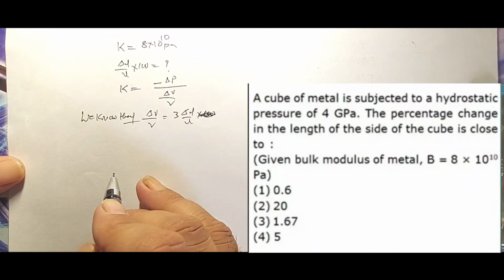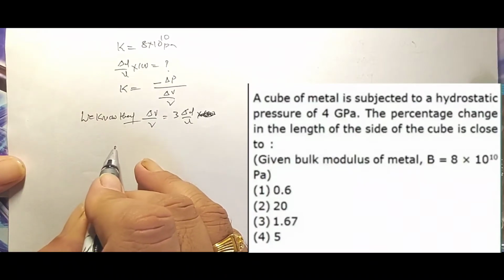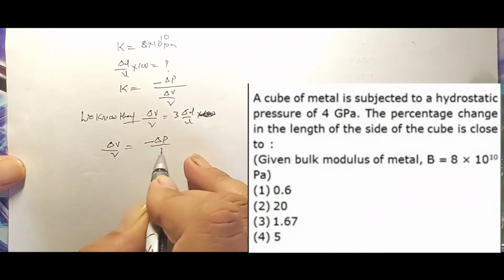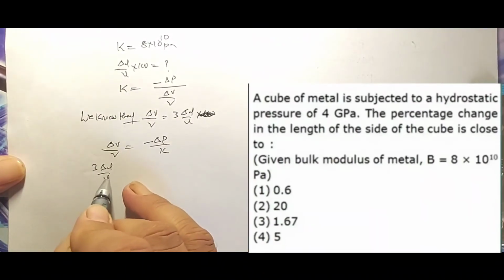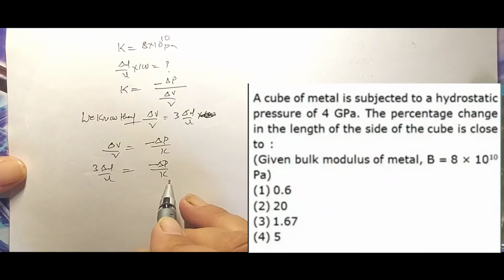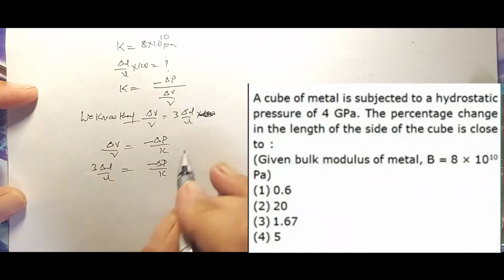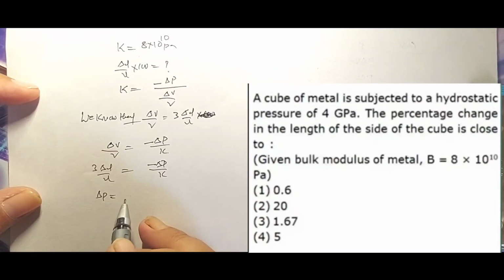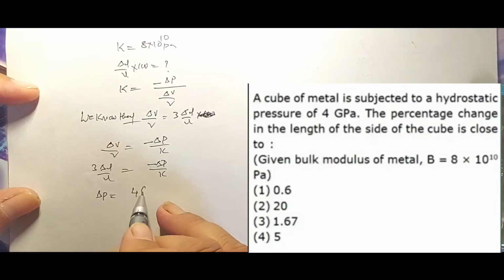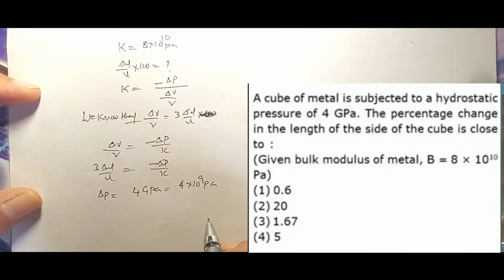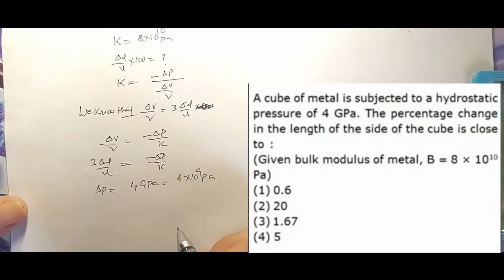Here, bulk modulus they given. Here delta V by V is equal to minus delta P by K. So 3 into delta L by L is equal to minus delta P by K. Here delta P is the pressure, equal to 4 gigapascals, 4 into 10 to the power of 9 pascals. 1 gigapascal is equal to 10 to the power of 9 pascals.